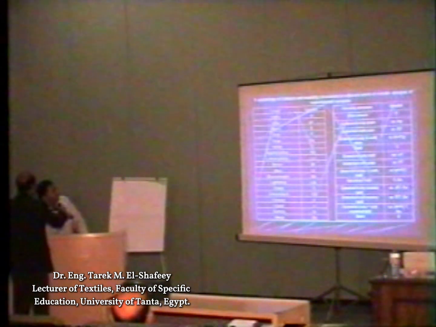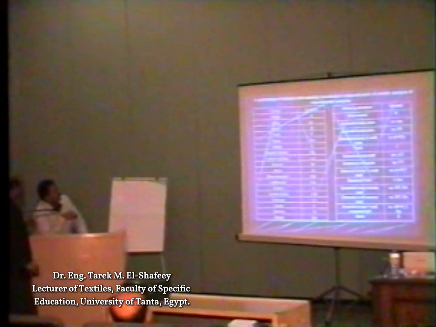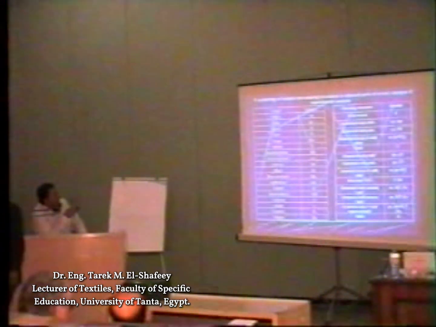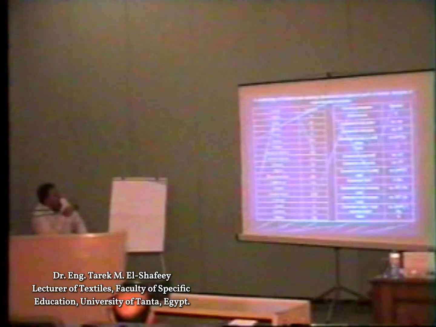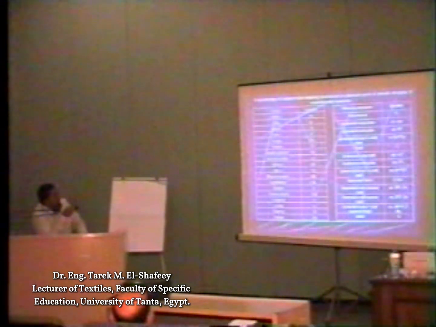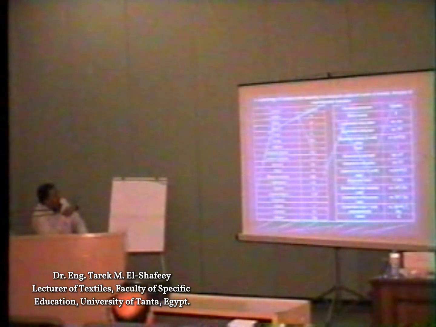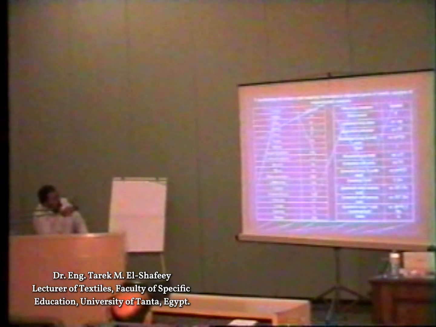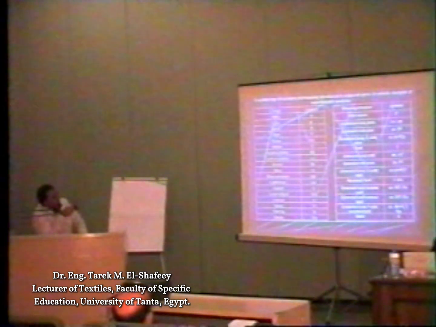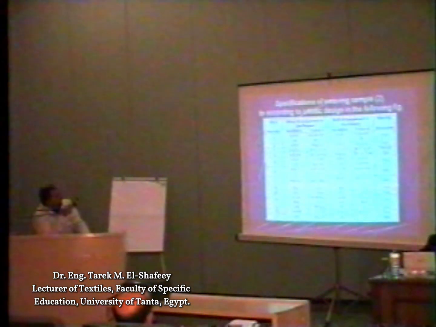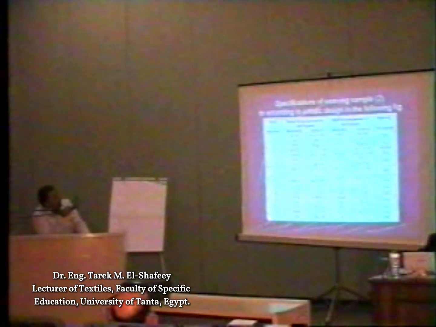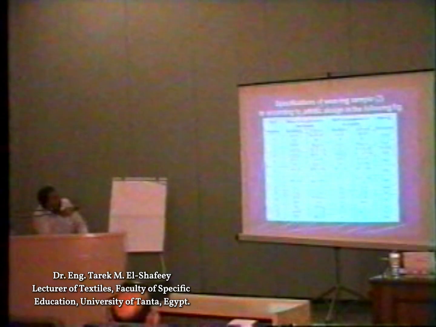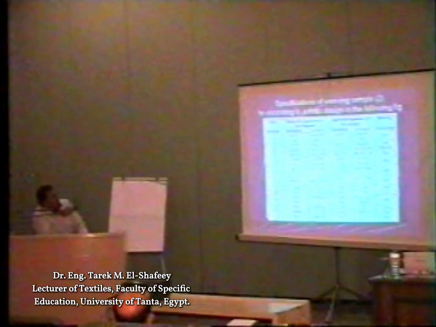This table represents here the color, and here the sample of the color: white, W, gray, GR, etc. And the weaving structures, symbol, plain weave, B, etc. These are the specifications of weaving sample 2 as an example, according to the artistic design in the following figure.